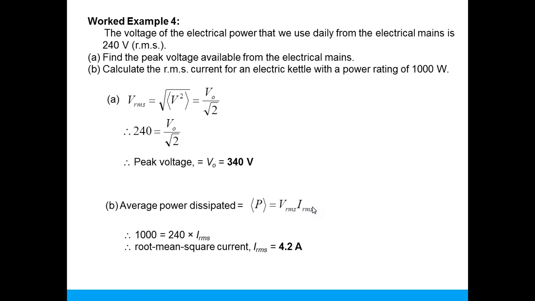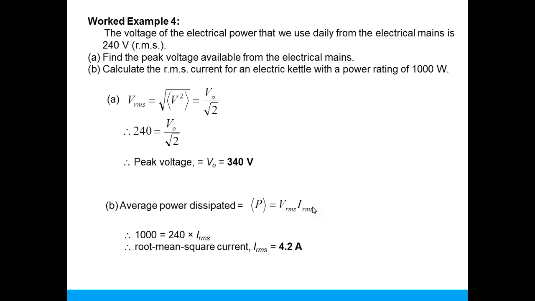The average power dissipated is VRMS multiplied by IRMS, as we have proved in the previous slides. Since we know the power rating to be 1000, we can simply sub in 1000 as the mean power. Notice that the ratings given for electrical appliances are the mean power.